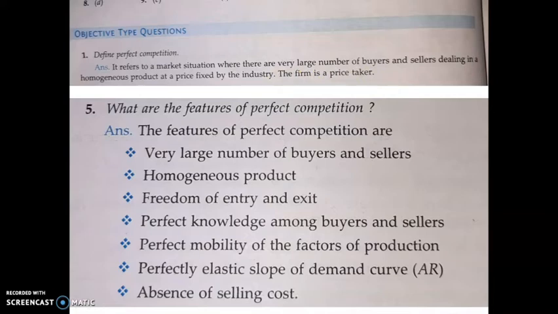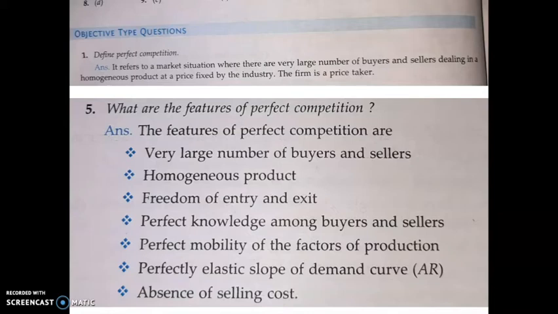Price is determined by the market forces of demand and supply. So it is a market structure in which there are a large number of buyers and sellers selling a homogeneous product, the price of the product is fixed by the industry, and the firm or producer is a price taker.